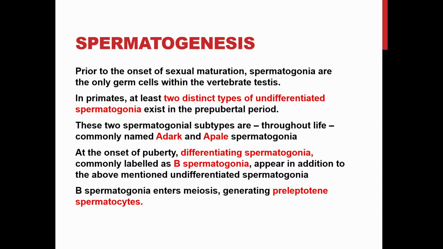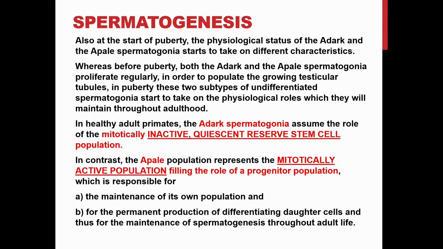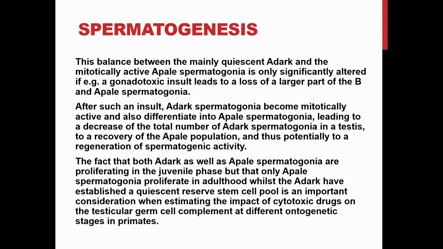So the importance of the type A dark and the type A pale is that the type A dark spermatogonia can act as a reserve after injury to the testis.